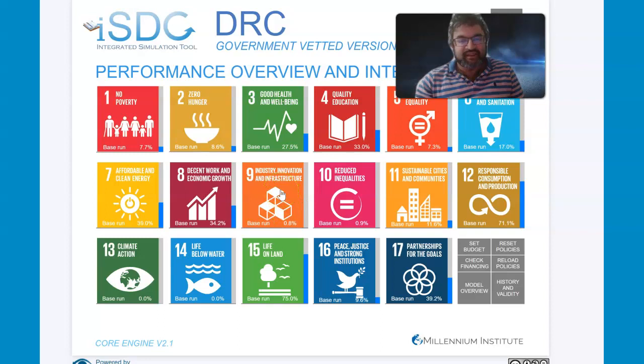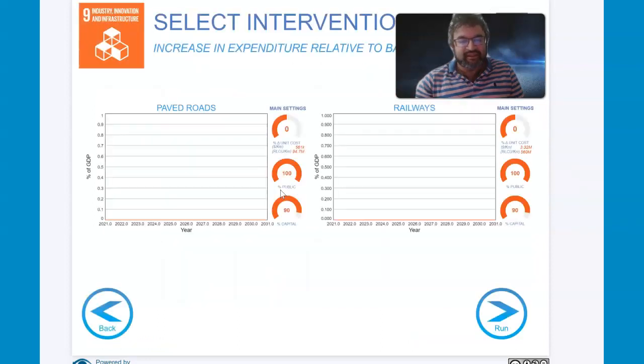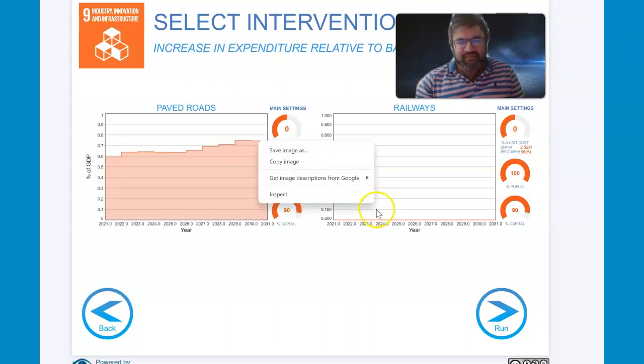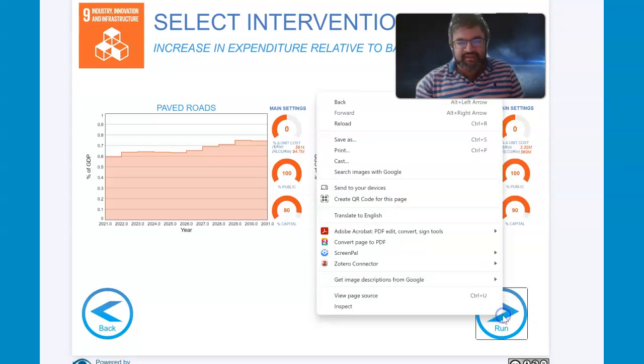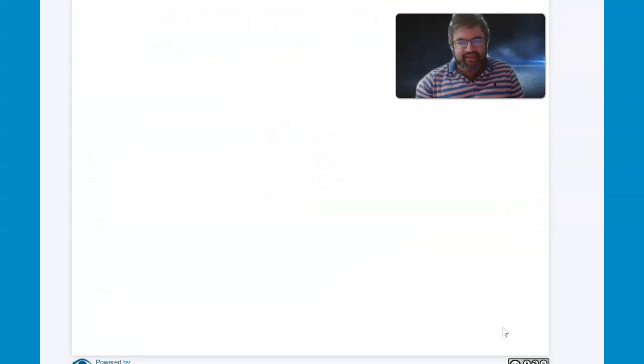We can take a look at number 9 and increase some of the expenditures. So paved roads, we can make that 60% and then over time increase that somewhat. And then railways, we can increase over time. And let's run and see how that affects.